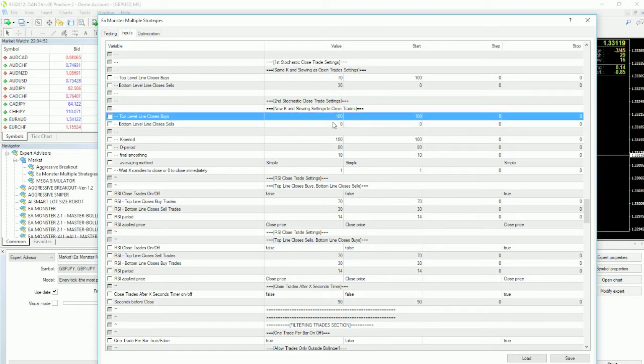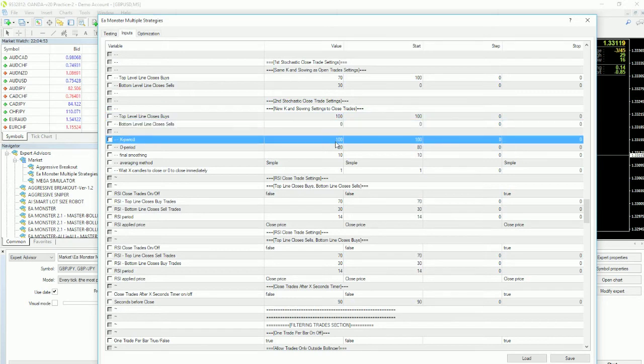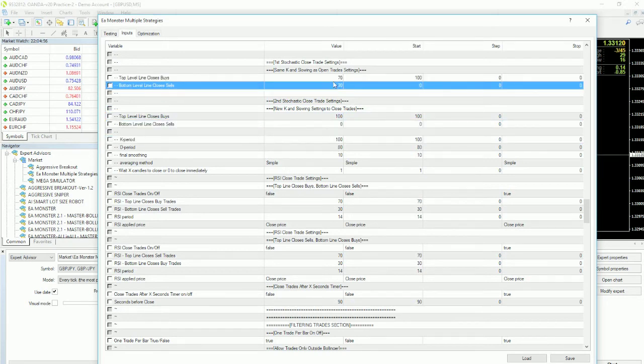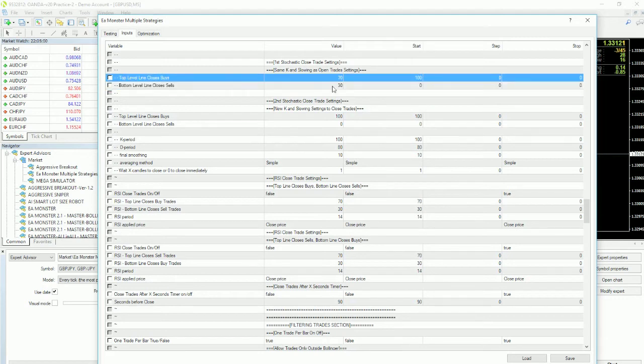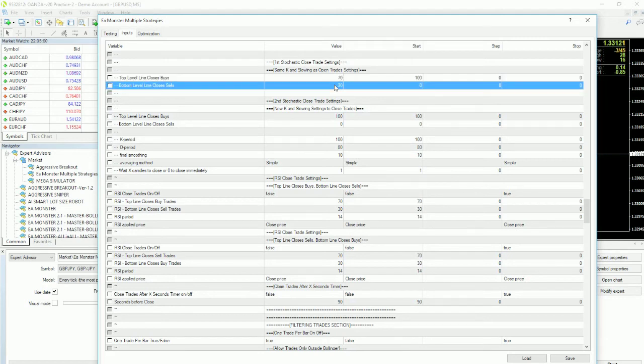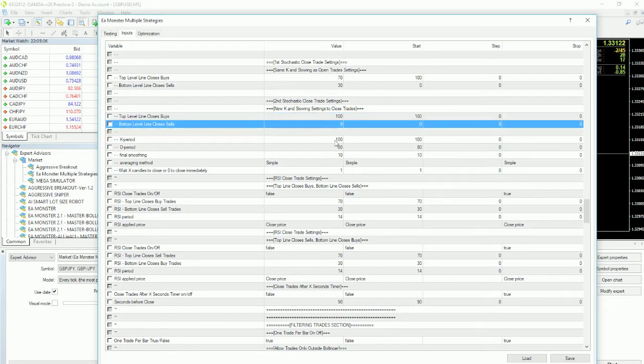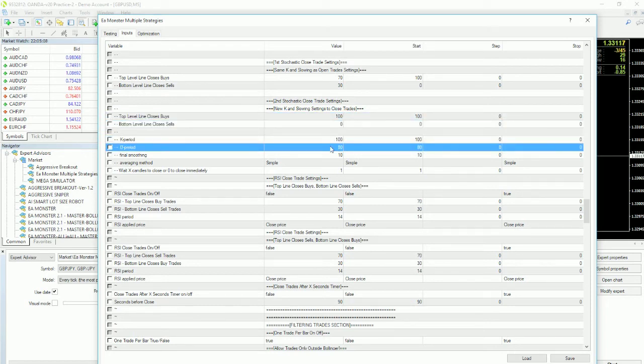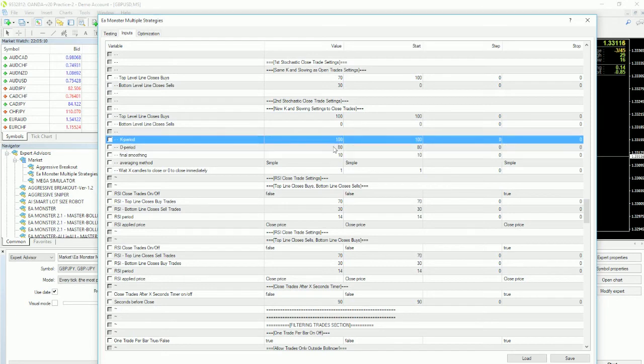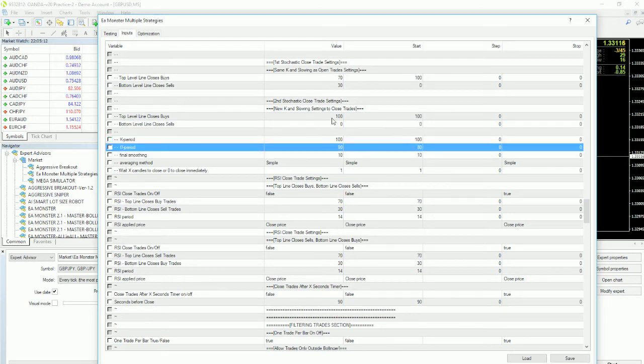This one here is a second one. You can have a couple of different ones in here to close the trades. The first one is going to go with the initial open trade settings for the K, D, and slowing. This one here is going to have its own settings. The K period, D period, and final smoothing are all going to be unique to these levels, for the way the K is going to cross these levels.